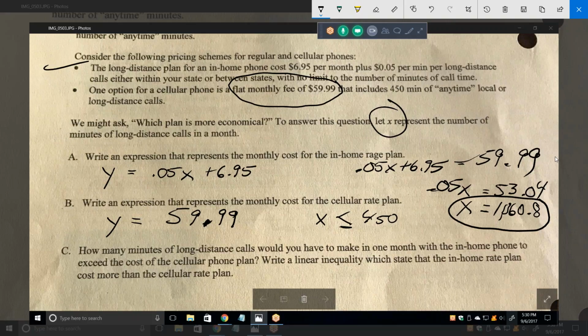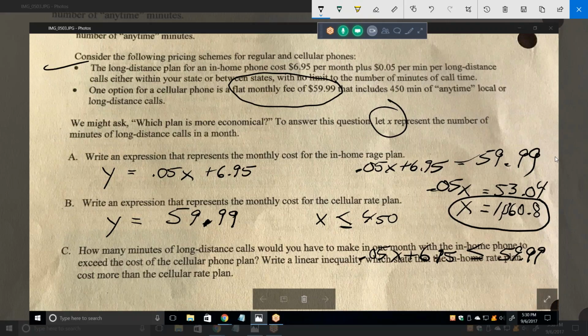I guess I could do this. 0.05x plus 695. If we say, let's let that be less than or equal to the other one, 59.99. Now when we solve, in other words, this is the same thing we just wrote, only it's an inequality, not an equation.